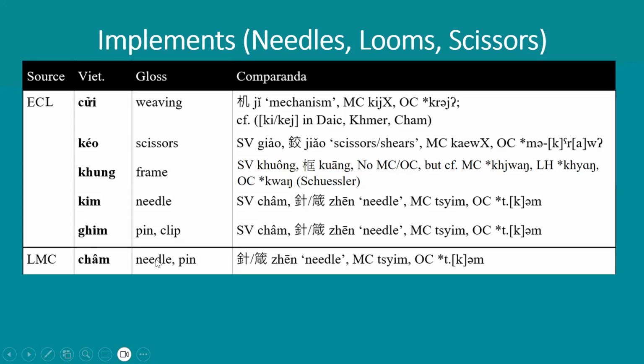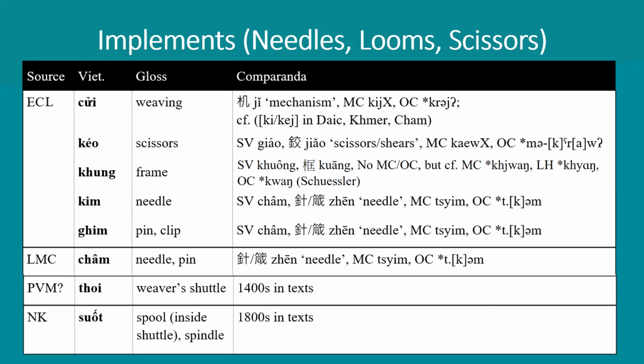That's what it looks like, a triplet. This word is a problematic one because of the tone, but the segments match quite well. The semantics are quite reasonable. But in any case, Chinese has certainly had lexical influence in this domain of implements.